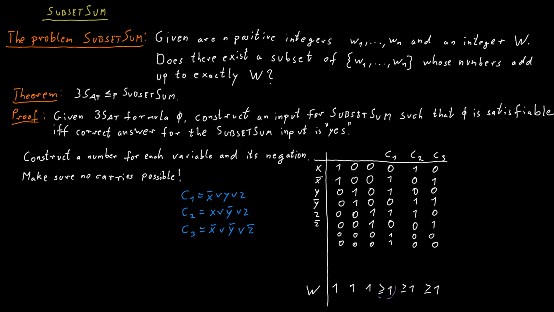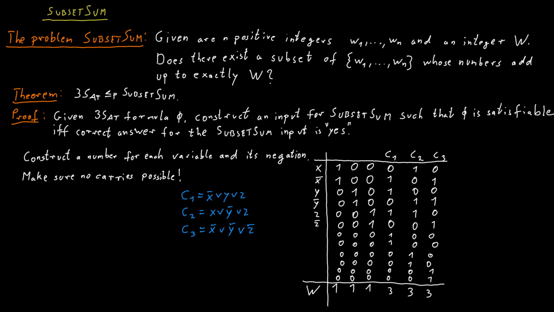So these numbers can be included in the subset for SubsetSum or not. But if I only include those numbers, I have no hope to reach a value of 3 in that position. To reach a value of 3 in that position, I need to pick both of these numbers plus one number that belongs to a literal that occurs in the clause and therefore would satisfy the clause.